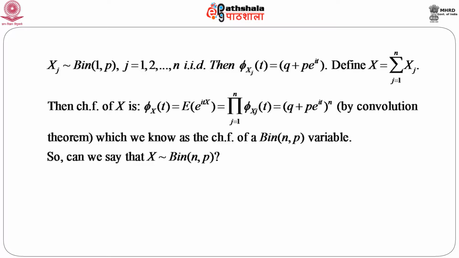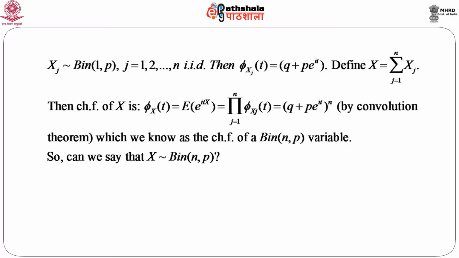So, this product comes outside the expectation. It becomes the product over j equals 1 to n of the expectation of e to the power itX_j, which is nothing but the product over j equals 1 to n of phi_{X_j}(t). If you replace this phi_{X_j}(t) by q plus p e to the power it, then this becomes (q plus p e to the power it) whole to the power n.